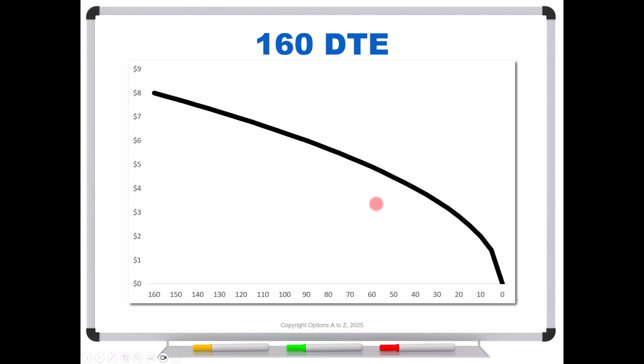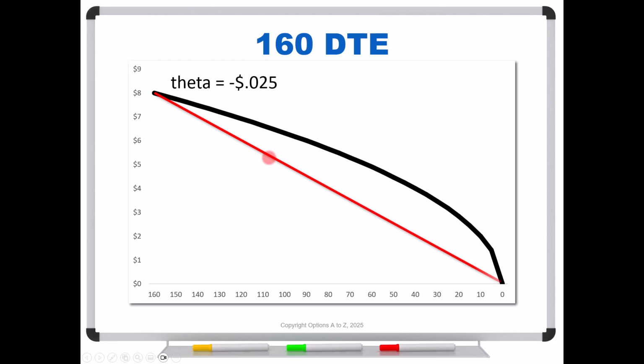So here's what the time decay graph looks like with 160 days to expiration. The theta would be 2.5 cents per day. The average rate is 5 cents per day. And here is the 25% mark, right there, with a decay rate of 5 cents per day. Exactly what we just saw. So are you on the safe part of the time decay curve just because you bought it with 40 days?